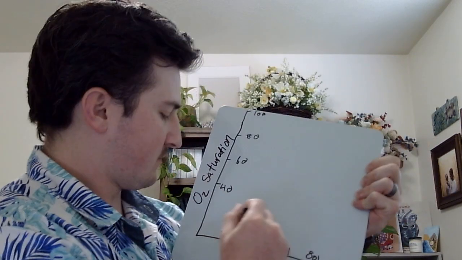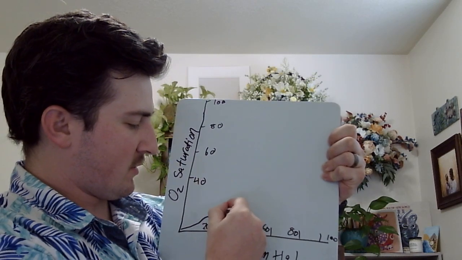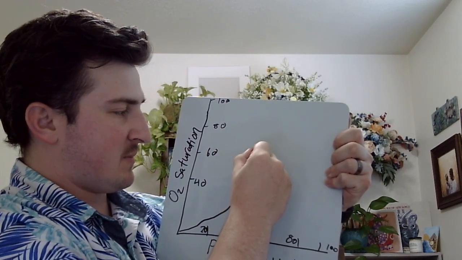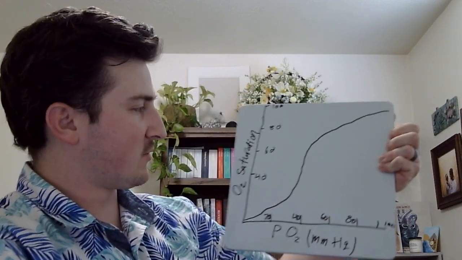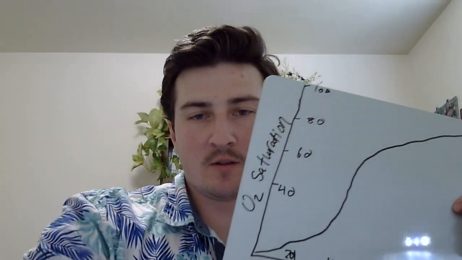So it'll go like this, and then it'll kind of exponentiate, and then it'll start to level off, obviously, once we get to 100. So that's our basic S-curve, and I'll explain it.